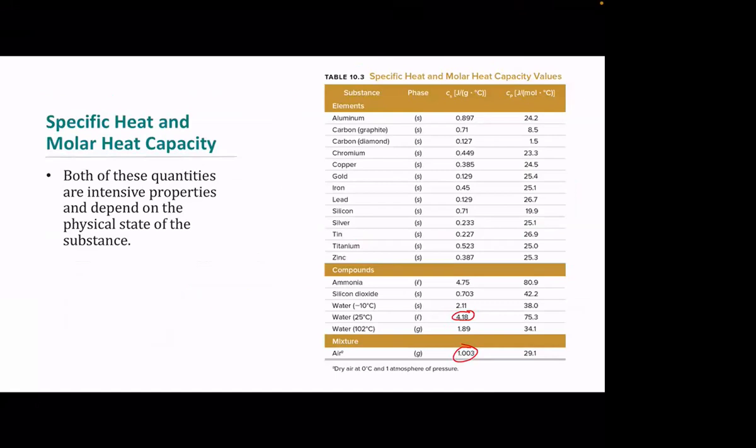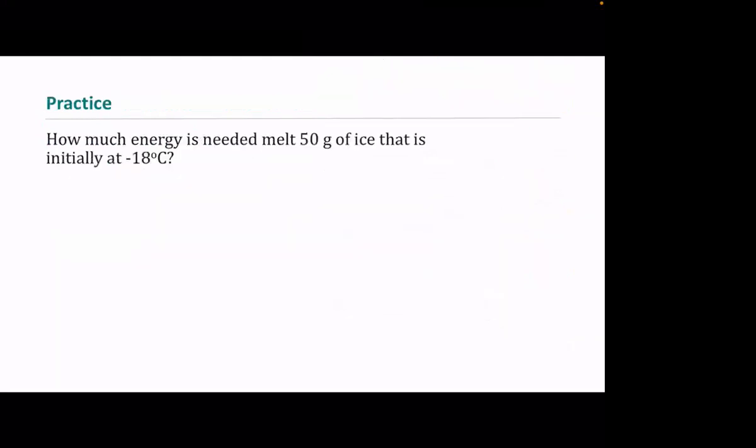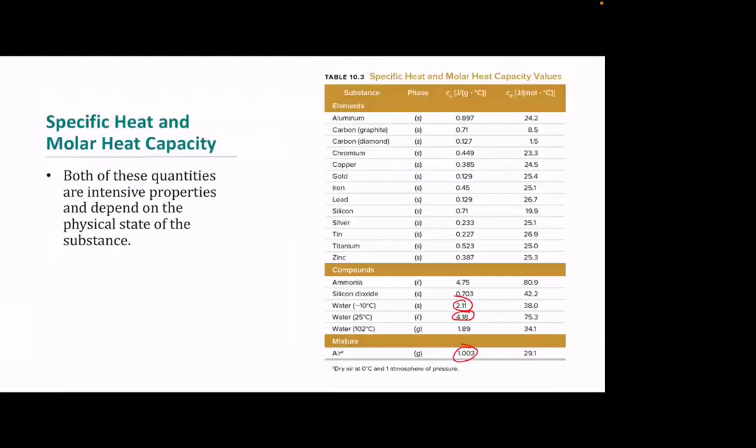So the first time we would use this. That's the closest one, 211. So it's water at minus 10 degrees C. We're at minus 18. We don't have a value for minus 18. So we would use the 211 there.